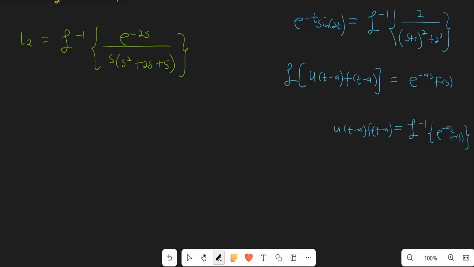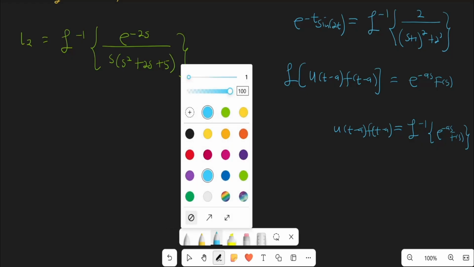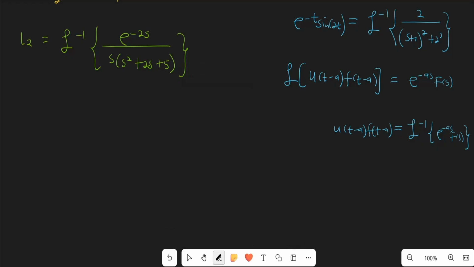So if I'm taking the Laplace inverse of something involving an exponential function e raised to the power negative 2s divided by a certain function, it is going to be like this. So L2, which is the Laplace inverse of this guy, is going to be a unit step function multiplied by a certain function shifted by a.